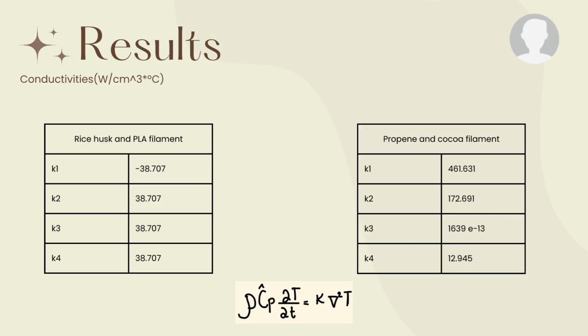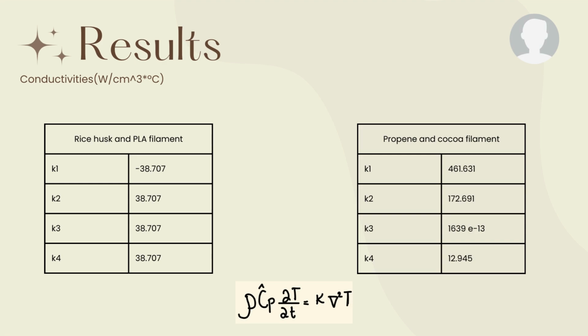The conductivity was measured in four parts of the filament: the initial point, 3 centimeters later, another 3 centimeters later, and the final point. The conductivity of these different parts of the filament is shown in these tables.